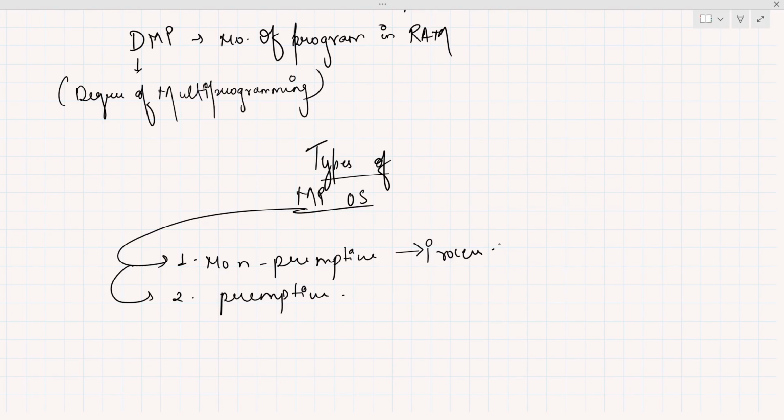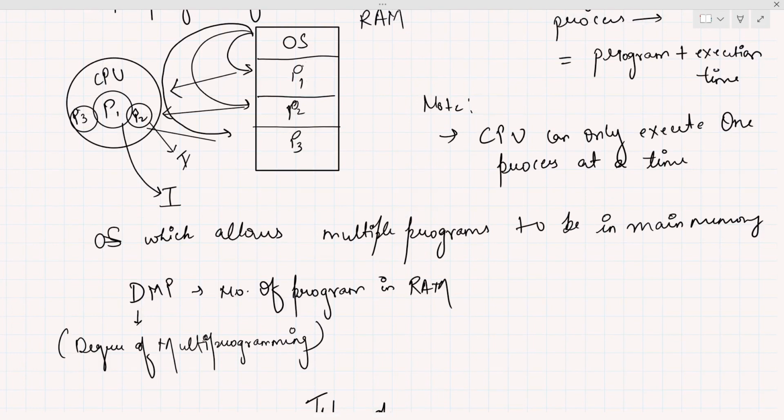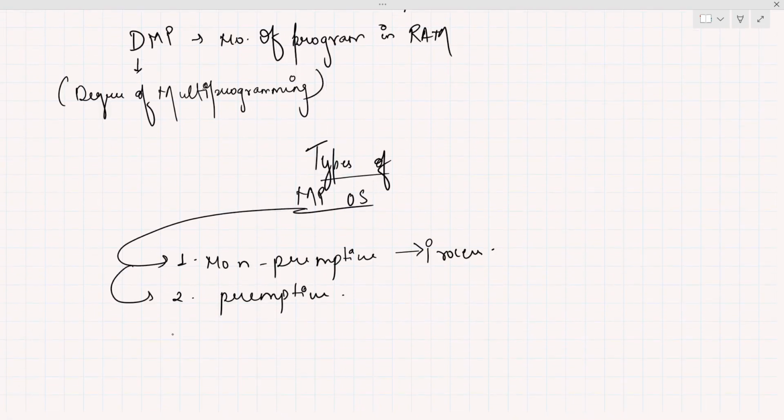Remember what a process is and what a program is. When P1 is in RAM, in main memory, it's a program, but when it goes to the CPU it becomes a process. So in the non-preemptive case, process P1 can leave the CPU only when P1 has executed fully.